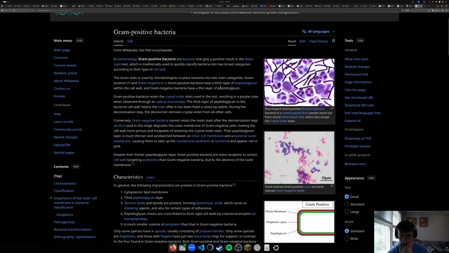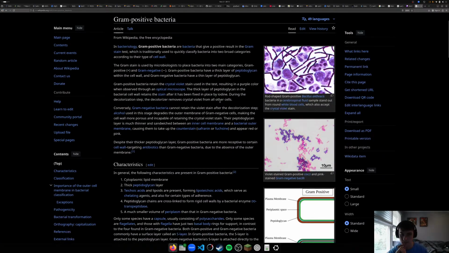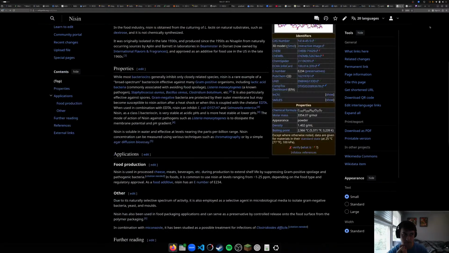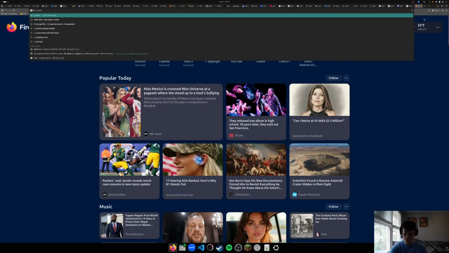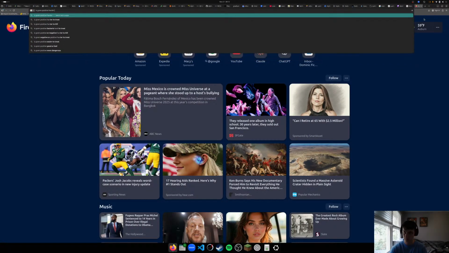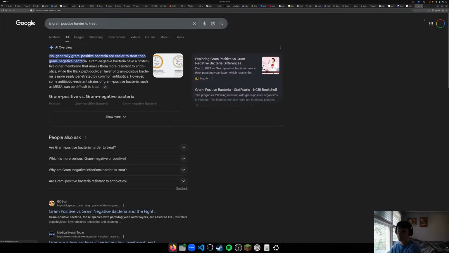Yeah, a thicker layer of peptidoglycan within the cell wall. Gram-negative have a thin layer. So is gram-positive harder to treat? No, very easy to treat.